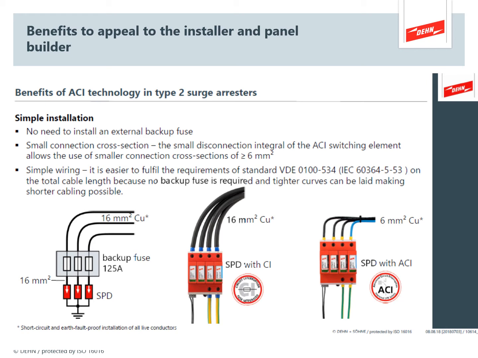So the fusing disappears because it's now built in, but we still needed 16mm cable. Now with ACI, the new technology, we can still have no overcurrent protection required in the surge circuit. And now, because of the spark gap technology and no fault flowing through this circuit, we can drop the cable size down to 6mm square. So that means obviously a smaller loom, tighter bend radiuses and lower cost.